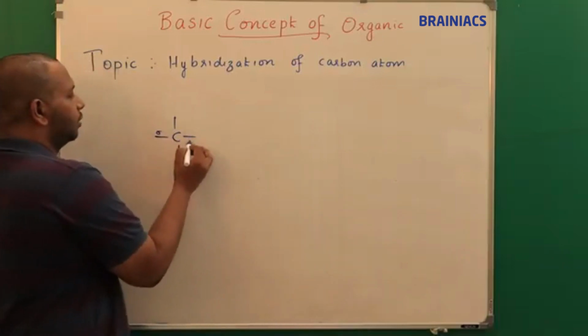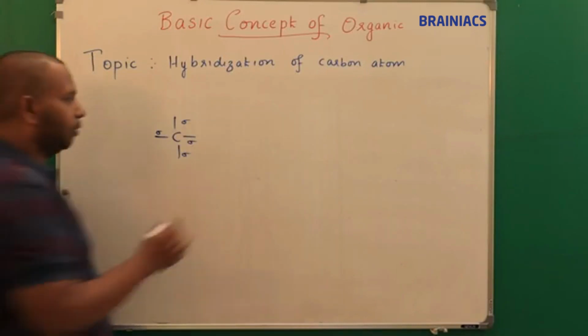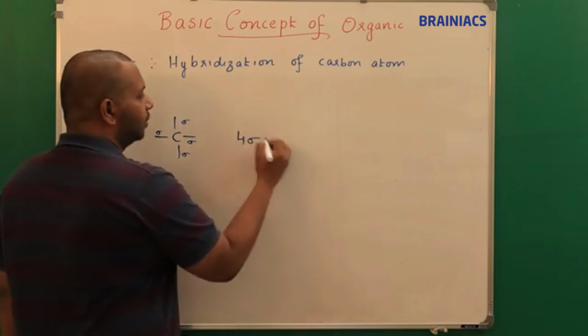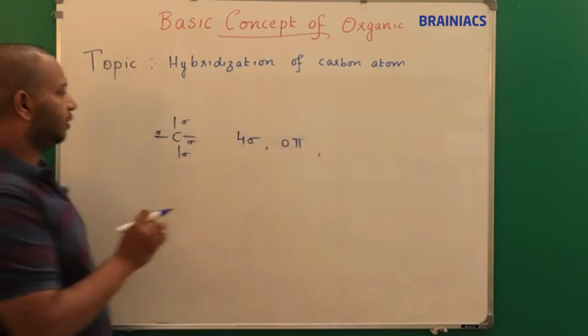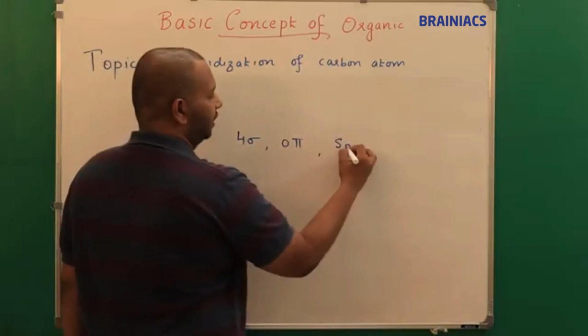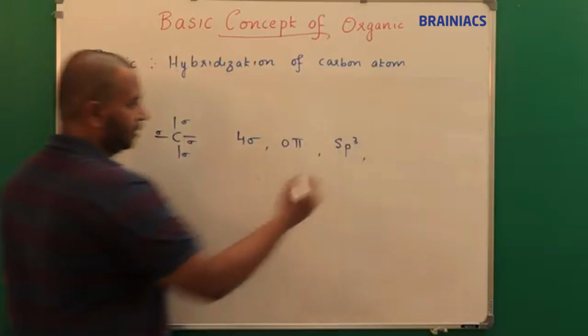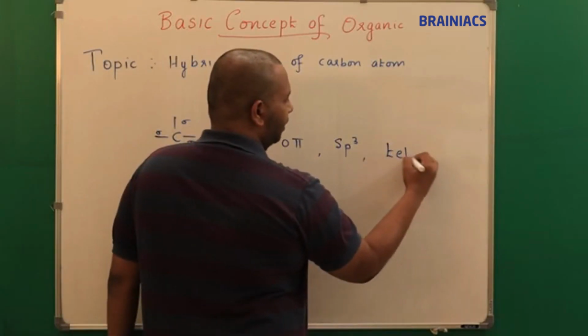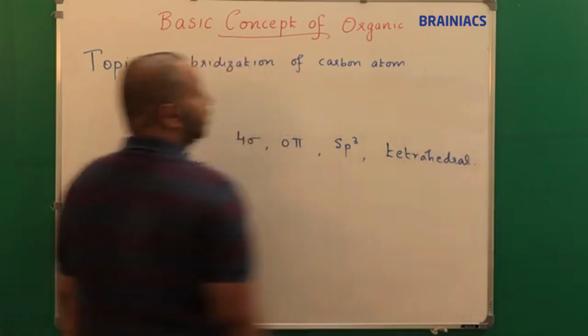All these bonds will be what sort of bond? Sigma bond. If it is a single bond, it will always be a sigma bond. So I can say it has 4 sigma bonds and 0 pi bonds. Now what is the hybridization of this one? As we have learned, this is sp3. If sp3 is the hybridization, the shape is tetrahedral. Clear?